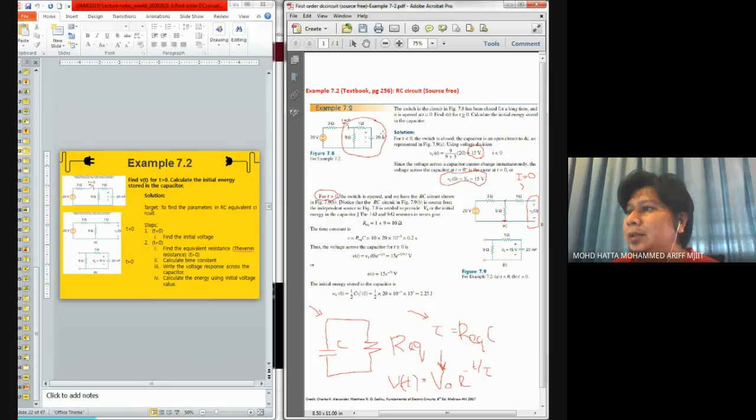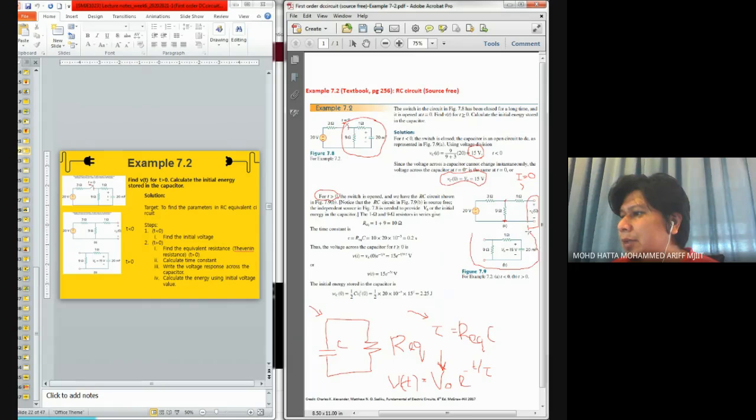And again, as I already mentioned just now, the circuit at the left hand side can be neglected. The only elements that we consider are these 3 elements. That's why you see here the circuit has become like this for t greater than 0.